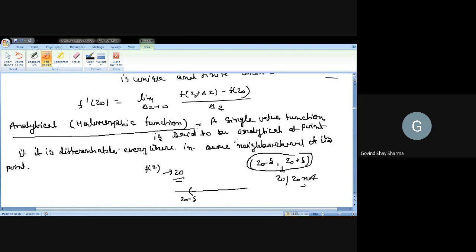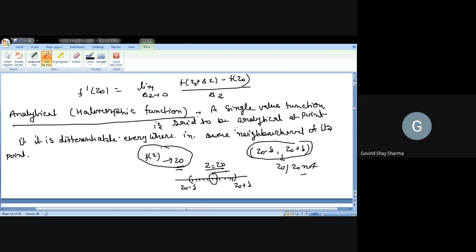Each point in the interval, there are infinite points between, at each point this function is differentiable. So this is also differentiable at z equal to z0. This function is called an analytic function.